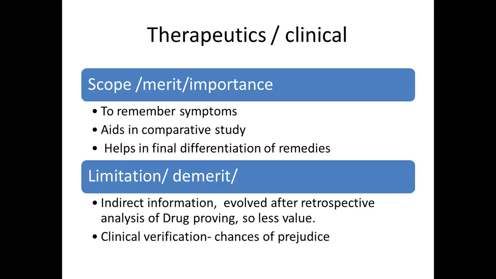There is soreness, lameness, a bruised sensation of the affected part, and that affected part is very red, inflamed, and sensitive to the touch. So we just have to remember that therapeutically it is useful for wounds, and we can recollect the symptoms of Arnica montana.